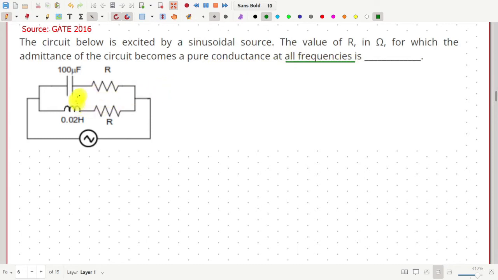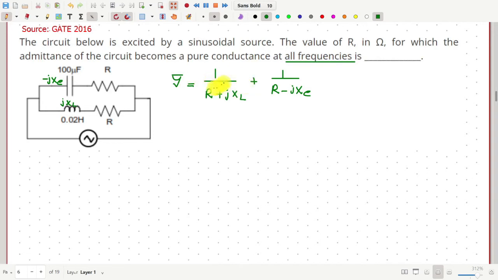Now, the admittance of this circuit, that is these two parallel branches, is given by Y equal to 1 over R plus jXL, where jXL is the impedance of this inductor, and plus 1 by R minus jXC, where minus jXC is the impedance of this capacitor.